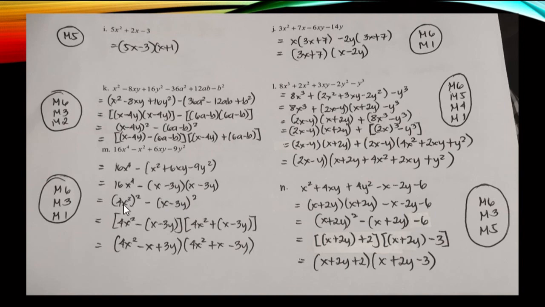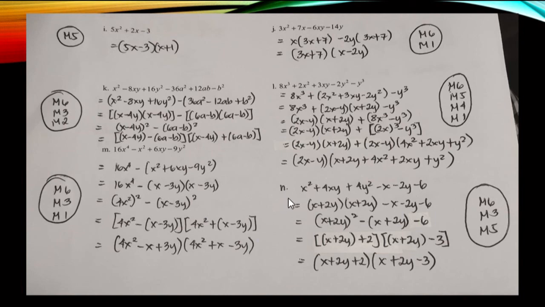That can be 4x squared quantity square. So, difference of two squares na siya. Pag difference of two squares, first term minus second term times first term plus second term. So, we use method 6, 3, ug 1. So, mao ni siya ang final answer.